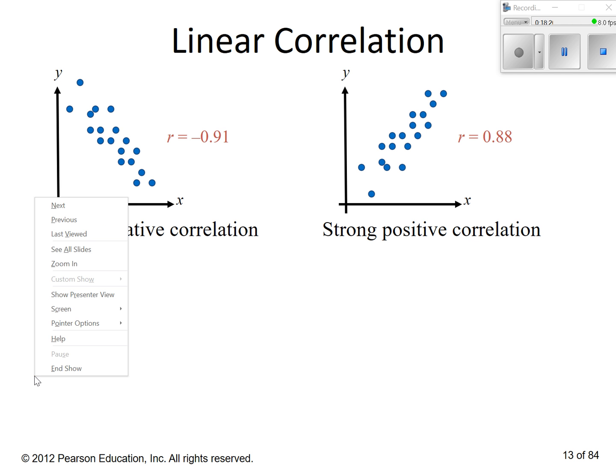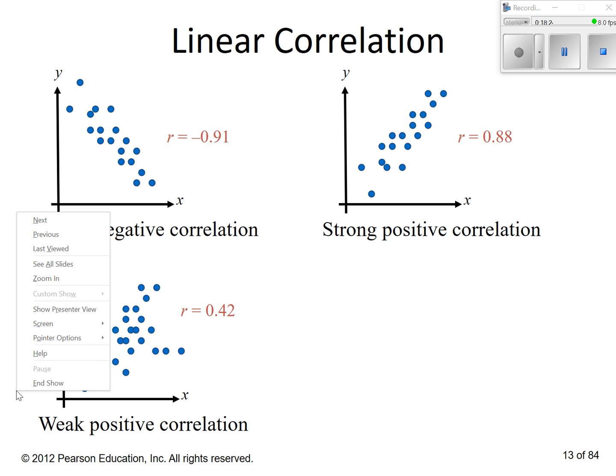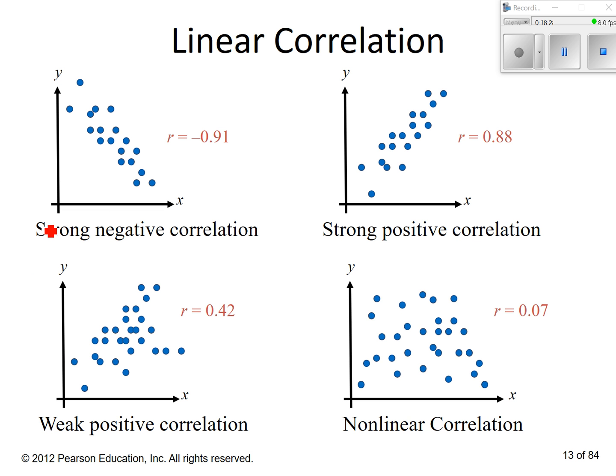Strong positive correlation, weak positive, or weak, or nonlinear correlation. We can have all these different things, and there's a range when we're looking at that between 0, -1, 1.